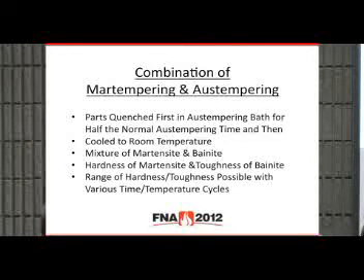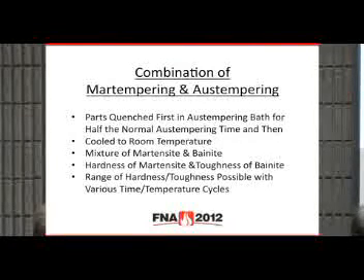We can also combine the two processes, Martempering and Austempering, to take the benefits of both, that is martensite and bainite. The parts are first quenched in an Austempering bath for half the normal Austempering time, and then they are cooled to room temperature.